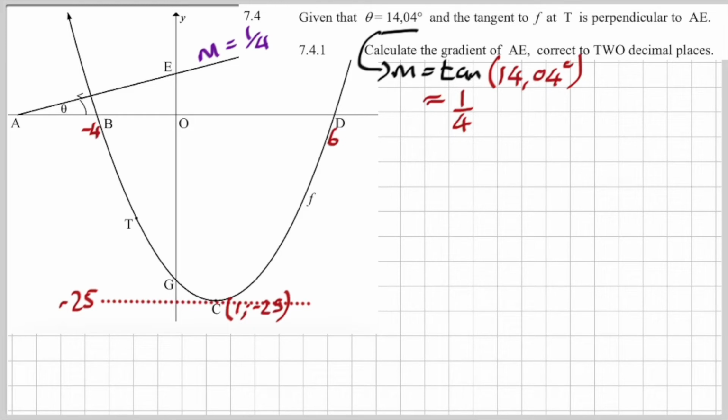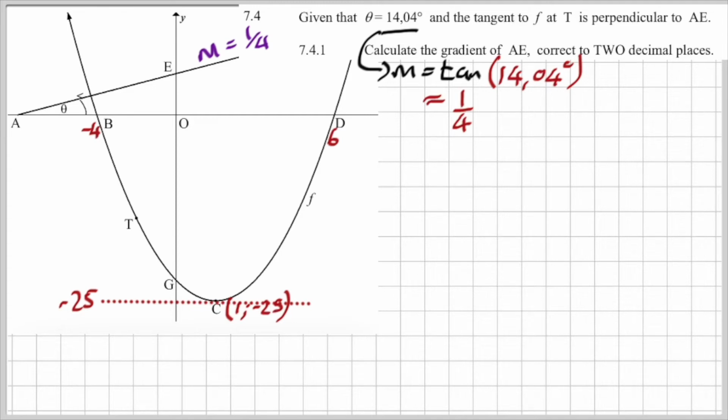So it's very, very close to a quarter. And there I've answered 7.4.1. Easy as that.